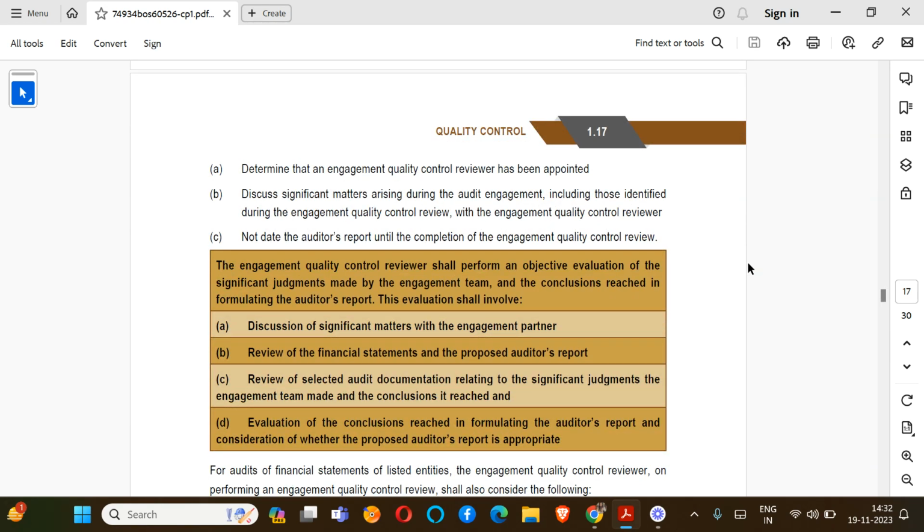Then the reviewer will see the matters that were raised during the audit, whether they were identified, and that the quality control reviewer got to know about those matters and how they were dealt with. And then not date the auditor's report until the review has been completed.